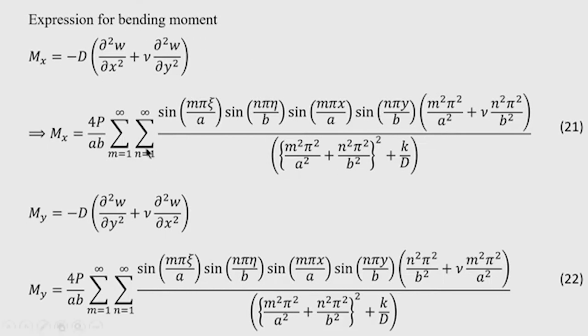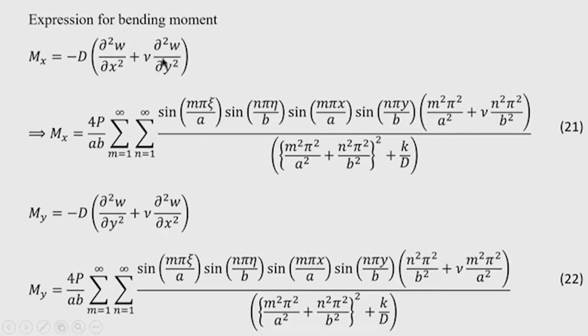The bending moment in the x direction, M_x, equals minus D times del squared w by del x squared, that is the curvature along the x direction, plus mu times del squared w by del y squared.